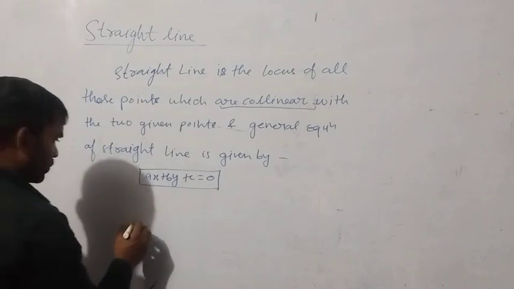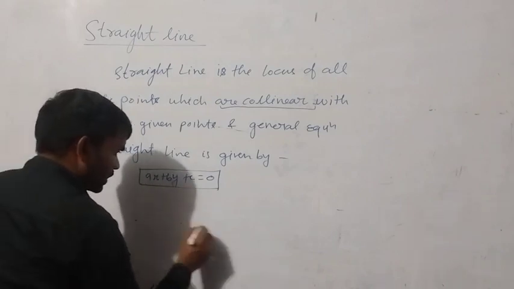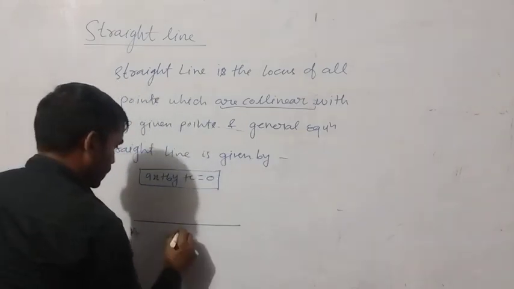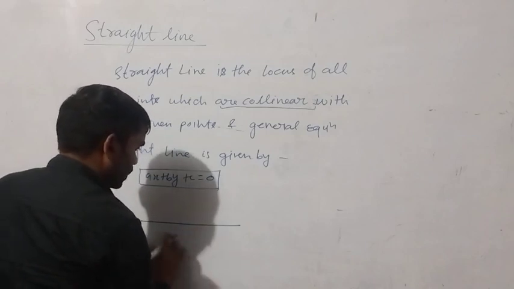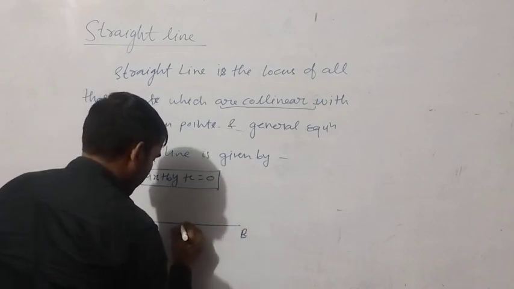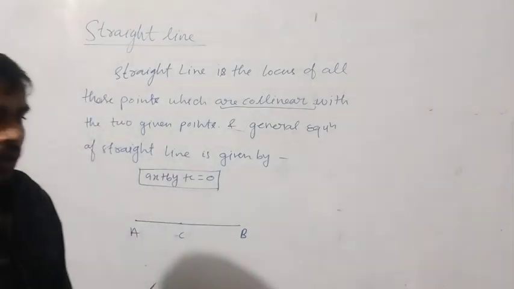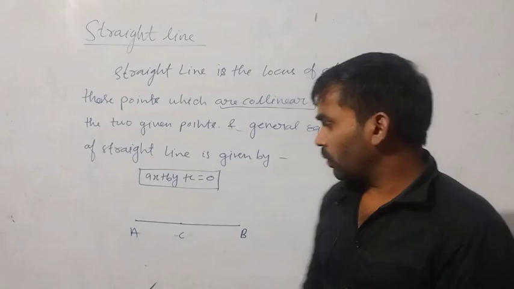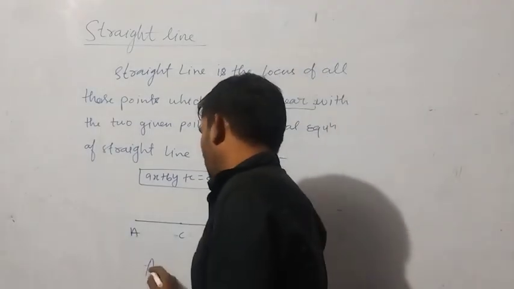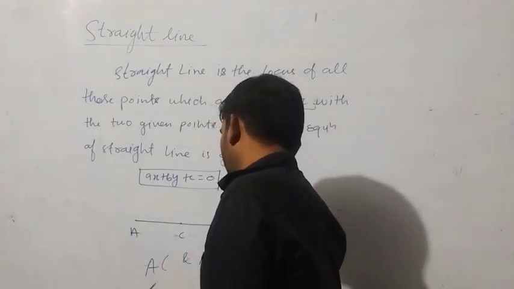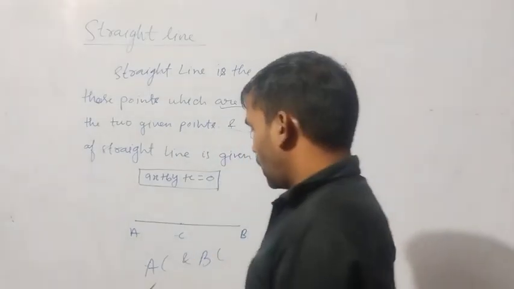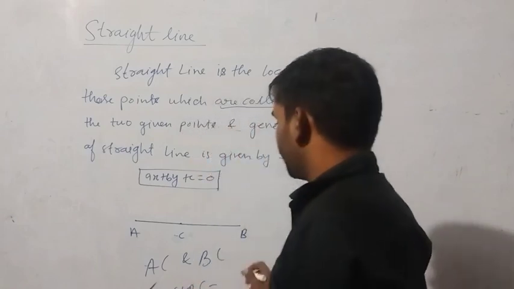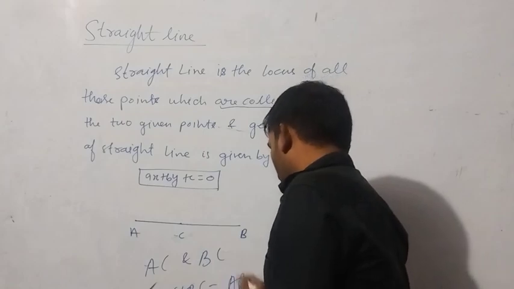So collinear: let's suppose 3 points are there, A, B, C. We can say the 3 points A, B, C are collinear if we calculate the distance AC and BC, and after adding AC plus BC, the distance is equal to AB.